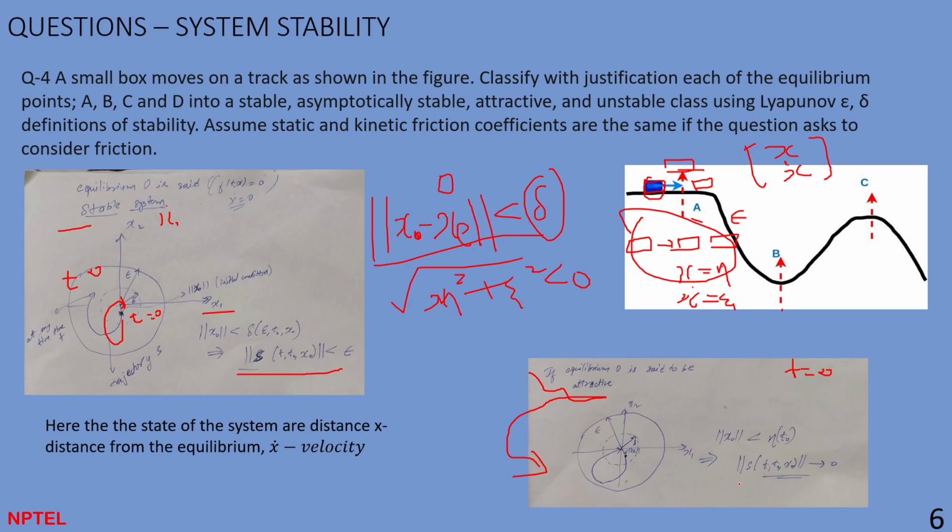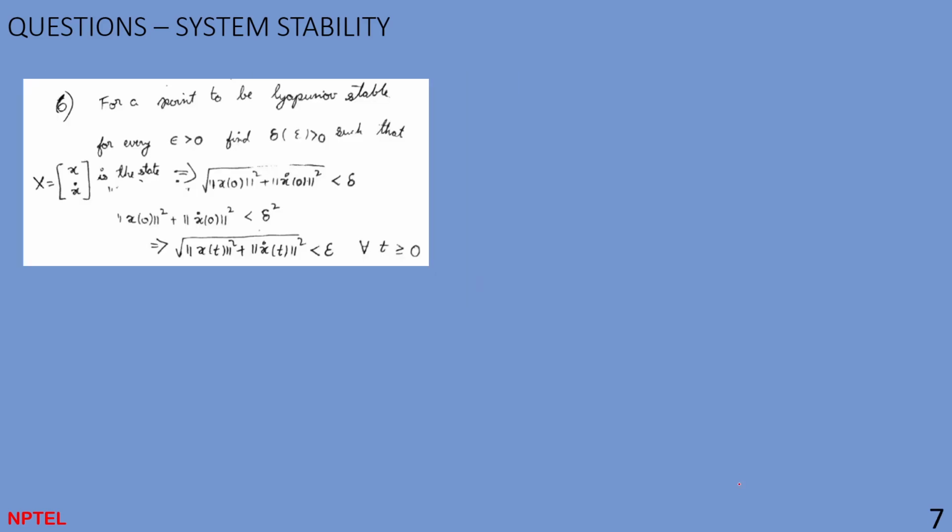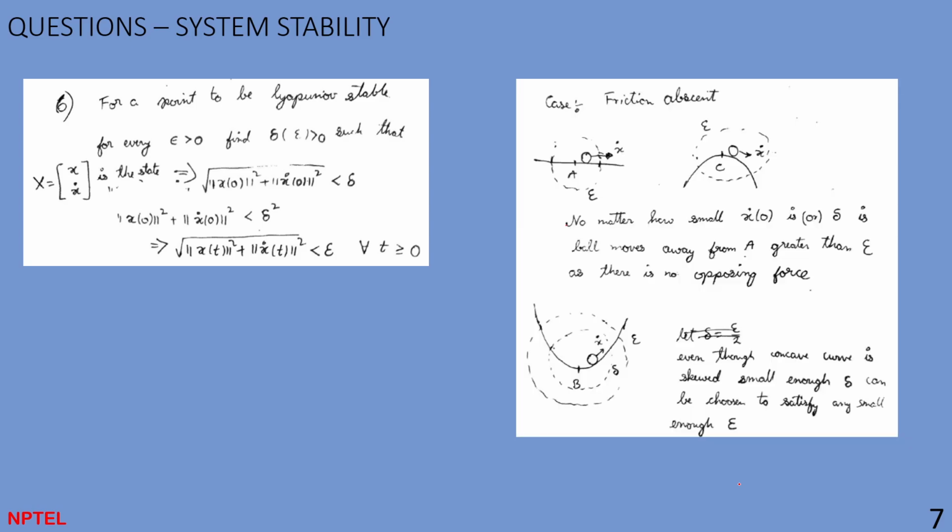There are 3 points A, B, C. Let's see one by one. Let's say for point A, this is point A, and if you give a small perturbation like this, hopefully it will go something like here.